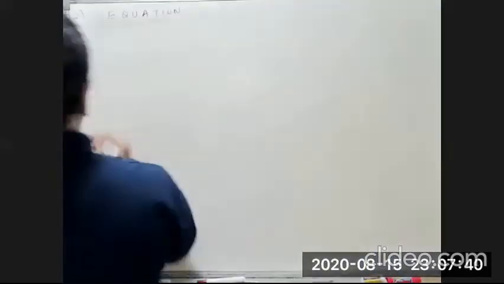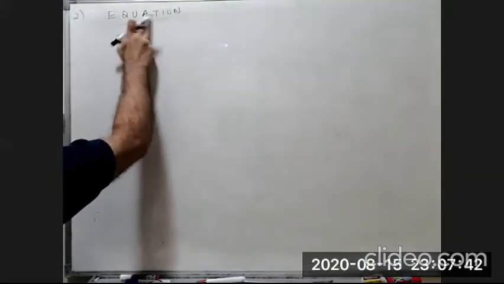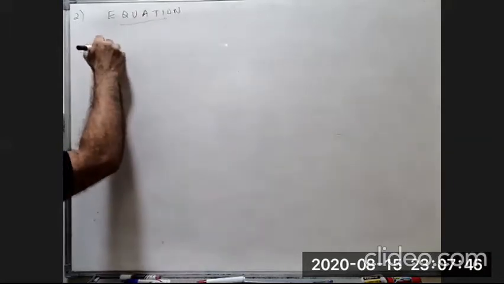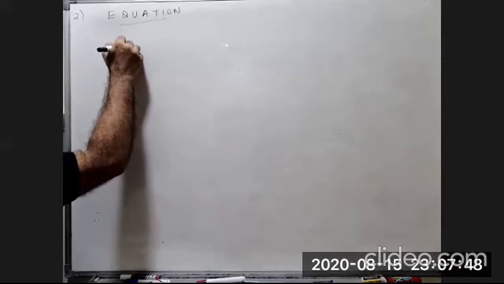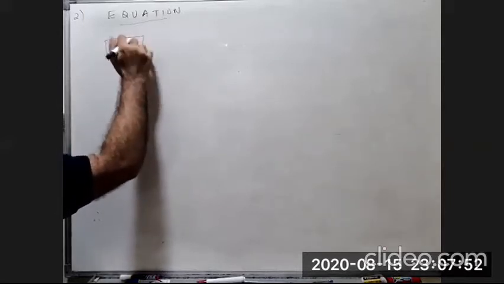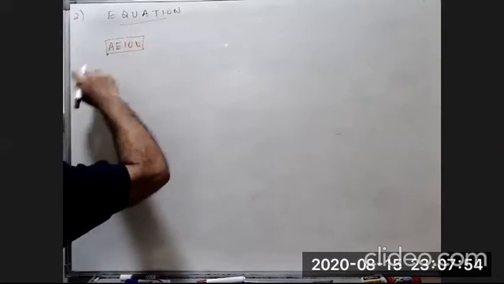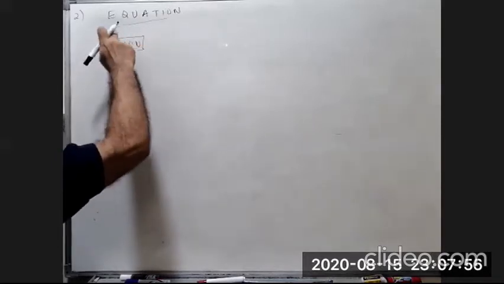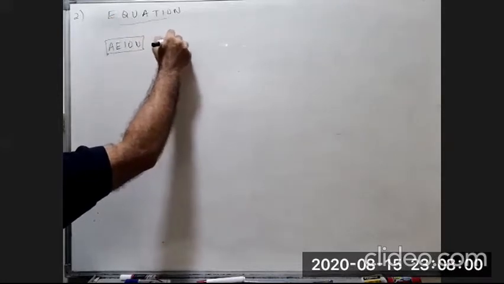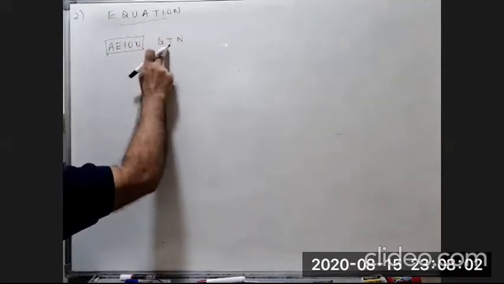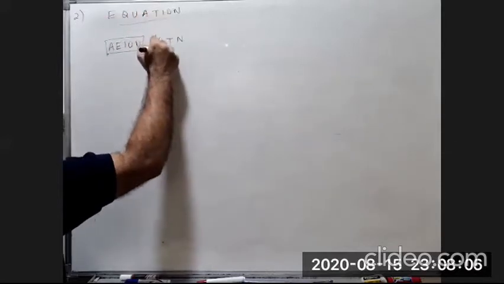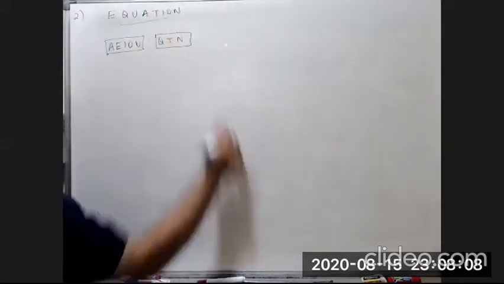So how many vowels are there? E, U, A, I, O. 1, 2, 3, 4, 5. All 5 vowels are there. So all vowels together in one box. Then how many consonants? Q, T, N. 1, 2, 3. 3 consonants.